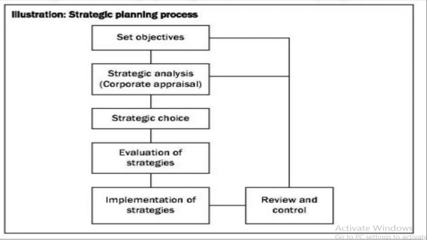Having set objectives, they must do a strategic analysis of their position, of their choices, of the objectives, of the aims, of the goals, of the KPIs, of the strategy, competitiveness, and the strategic capability. So they must analyze after they've set the objective, then they must make strategic choices.